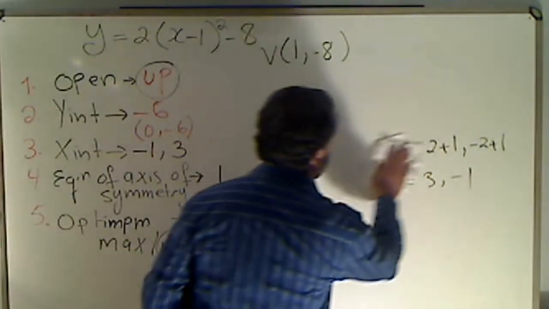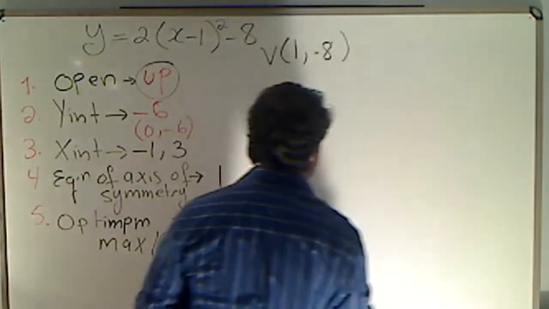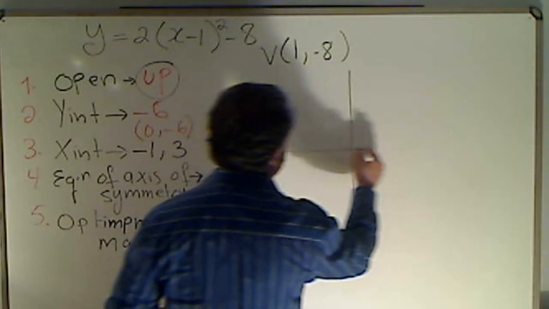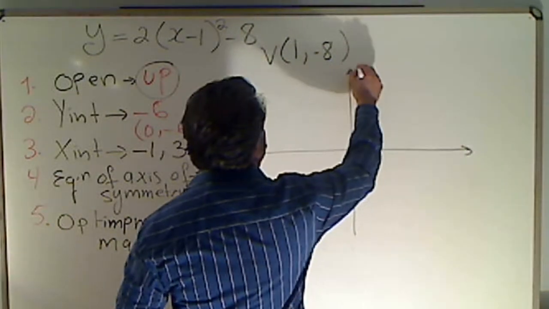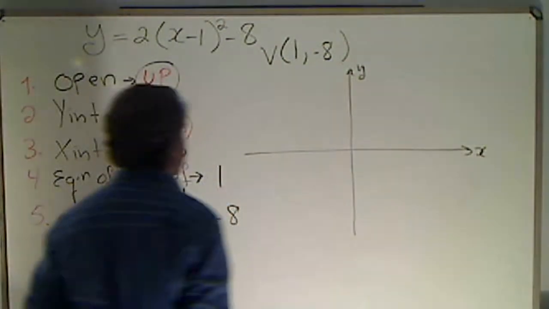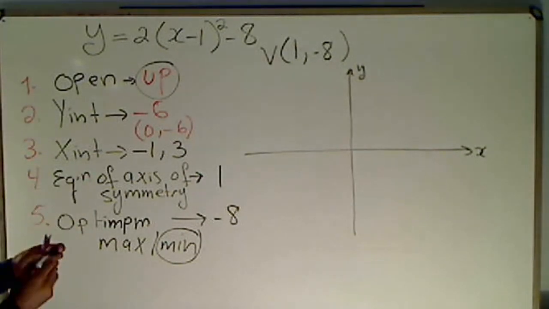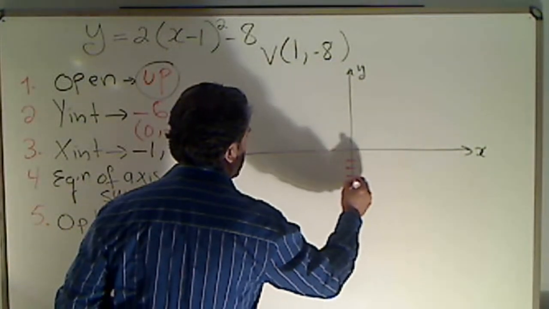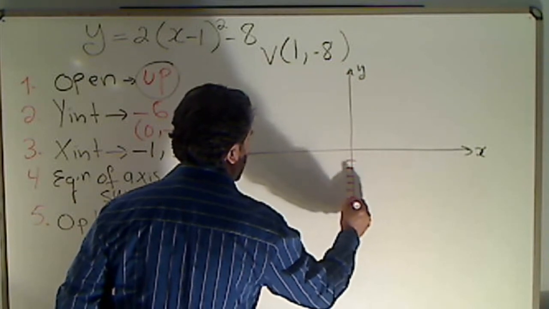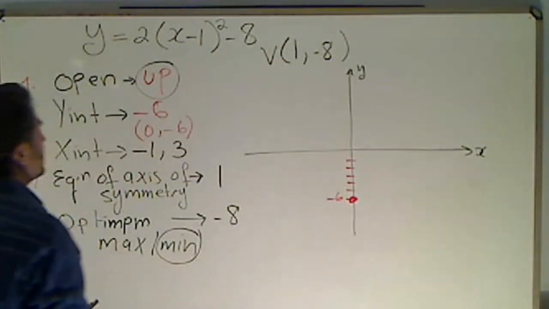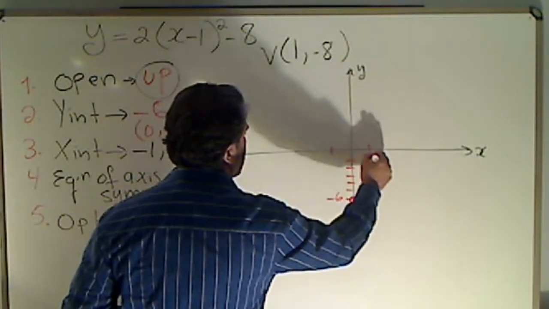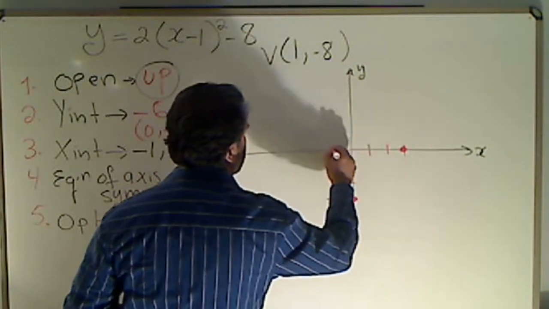So what we do now is set up our graph, and we have this right here, the xy plane. So the y-intercept will be negative 6. So negative 6, 1, 2, 3, 4, 5, 6. I'm just going to estimate right here. And we have the zeros, or the x-intercepts, as negative 1 and 3.